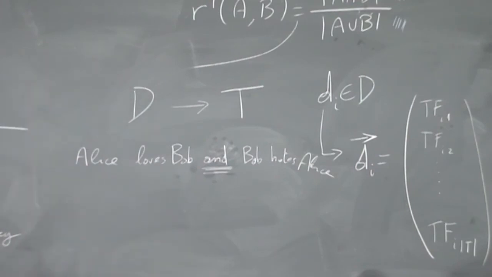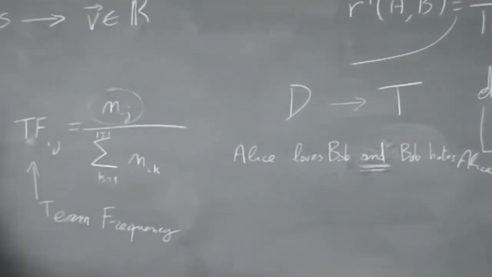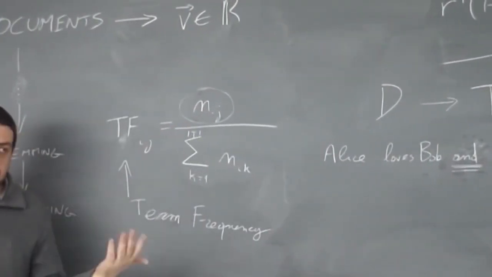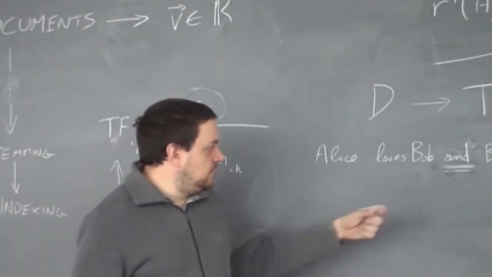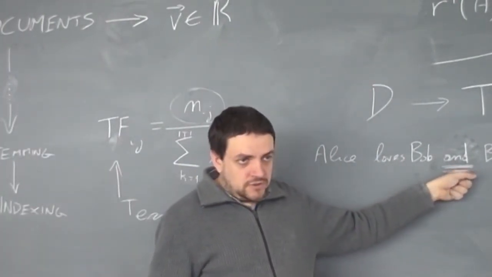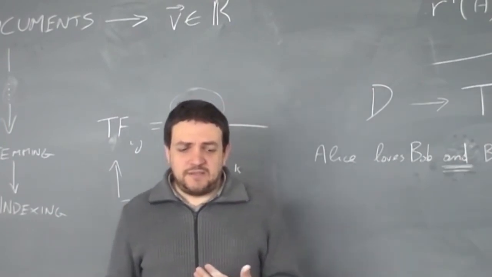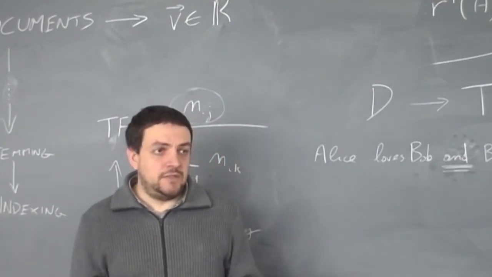Since we have an idea of how many times a word appears in a document, we can evaluate the importance of a word by looking at how often it appears in documents.